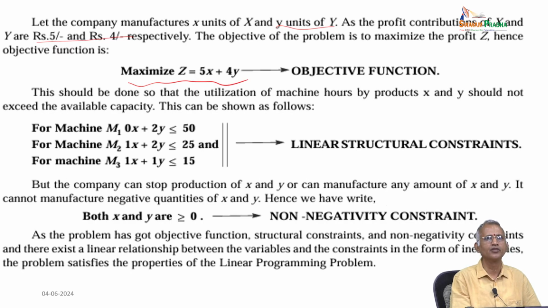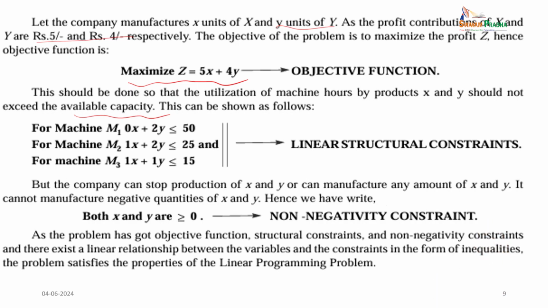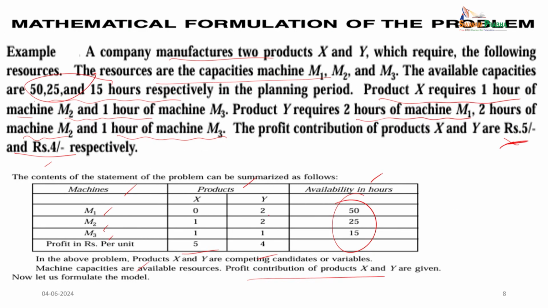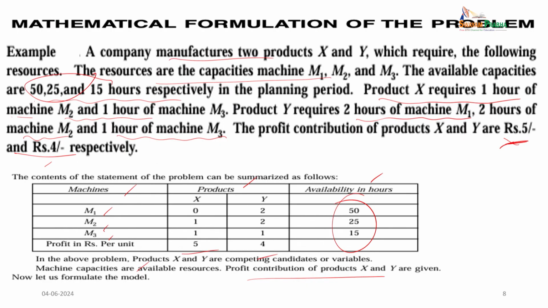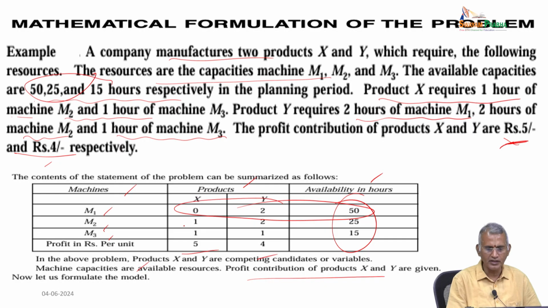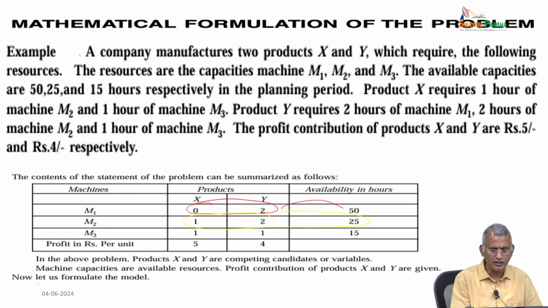The utilization of the machine hours by products X and Y should not exceed the availability of the capacity. Now, according to the table, for machine M1, we have 0x plus 2y less than or equal to 50. This is the first equation, this is the second equation, and for the third equation we have the corresponding one.